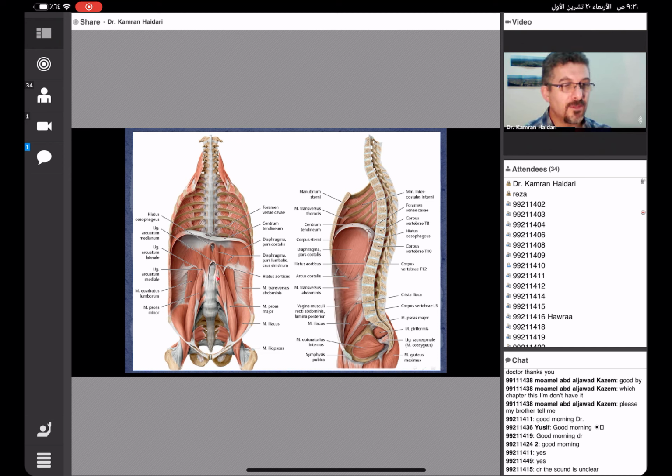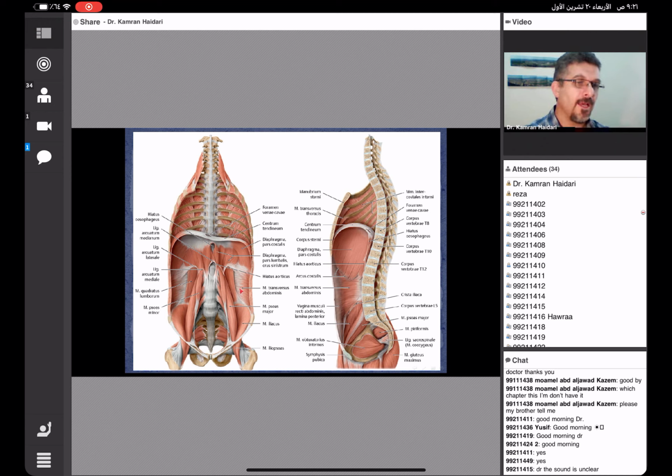Therefore, from the left crus to the transverse process of L1, and from L1 to the tip of rib 12 on the left side. This is the medial arcuate ligament, this is the lateral arcuate ligament on each side.